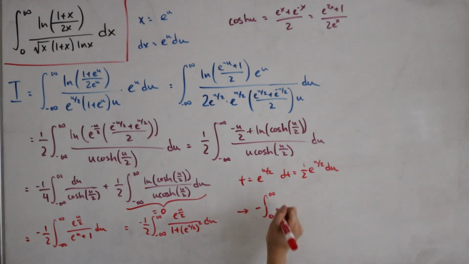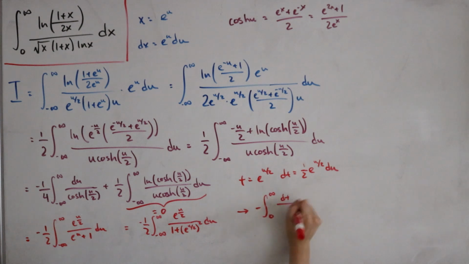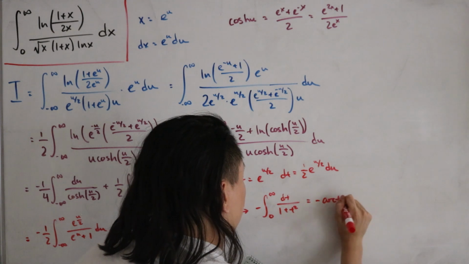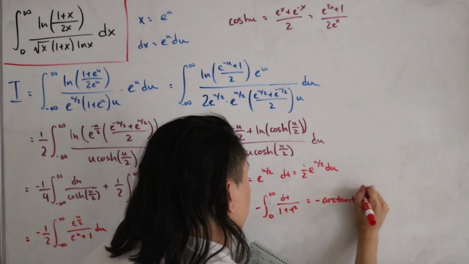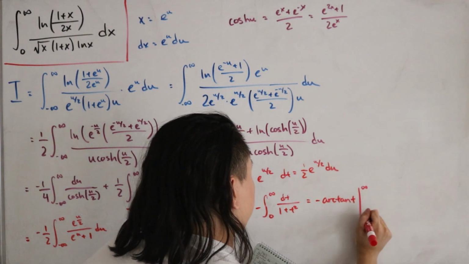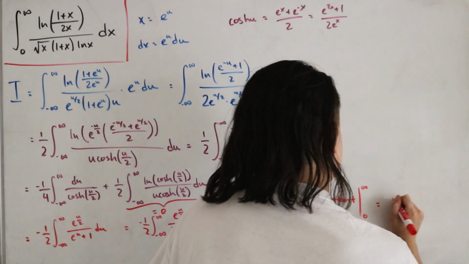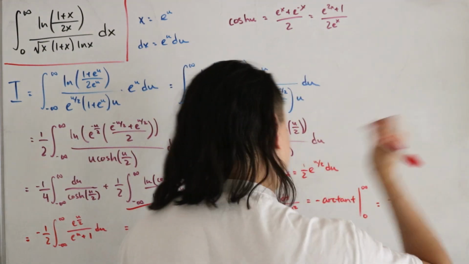So then this will become 0 to positive infinity of dt divided by 1 plus t squared, which is just going to be negative arctan of t. Evaluate this from infinity to 0, and as you plug in the bounds, your final answer is just going to be negative pi divided by 2.